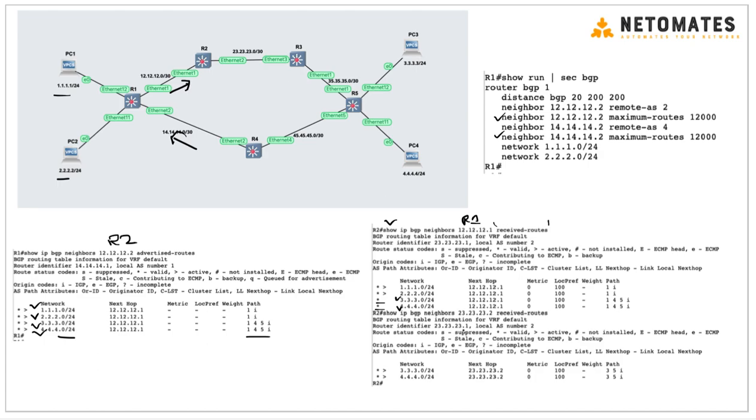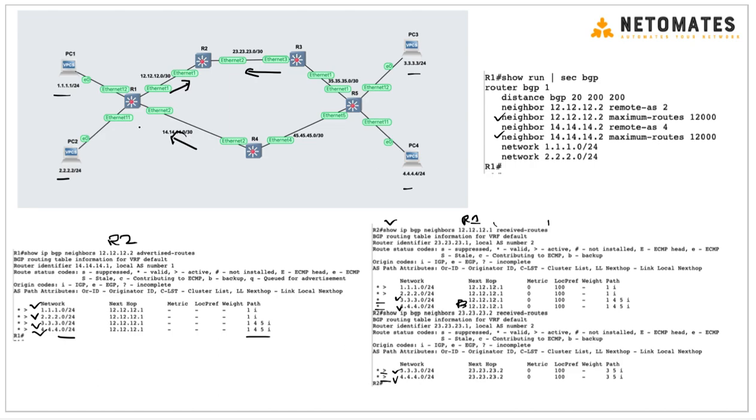Next I'm checking what routes R2 is learning from R3. It is also learning about 3 and 4 from this direction. So now R2 is receiving these networks from R1 and R3. As this path has fewer AS hops, it is installing this route.